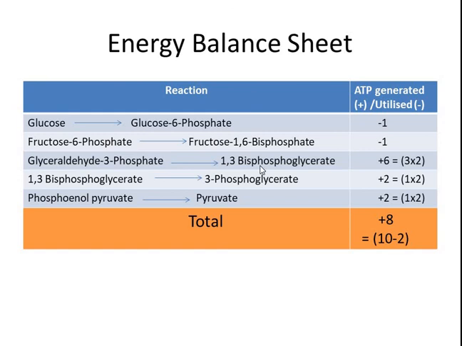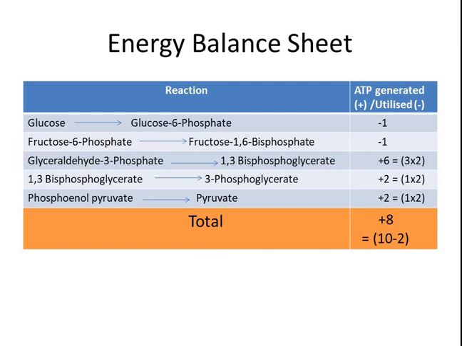In the glycolysis, 1,3-bisphosphoglycerate gets converted into 3-phosphoglycerate. During this step, 1 ATP is formed, but as we mentioned in step number 6, here also 2 molecules of 1,3-bisphosphoglycerate are converted into 3-phosphoglycerate and thus generate 2 ATP. In the last step of glycolysis, the conversion of phosphoenol pyruvate to pyruvate, 1 ADP is converted into ATP.